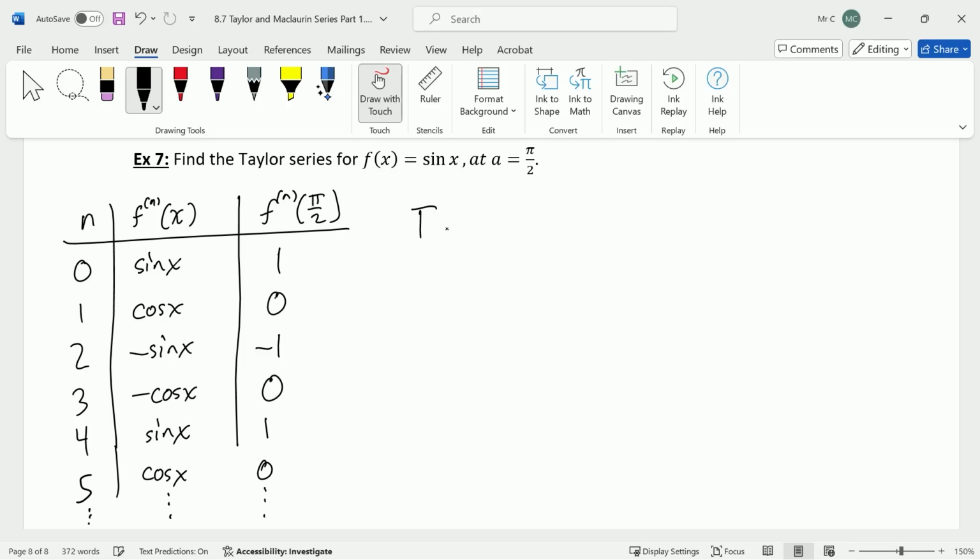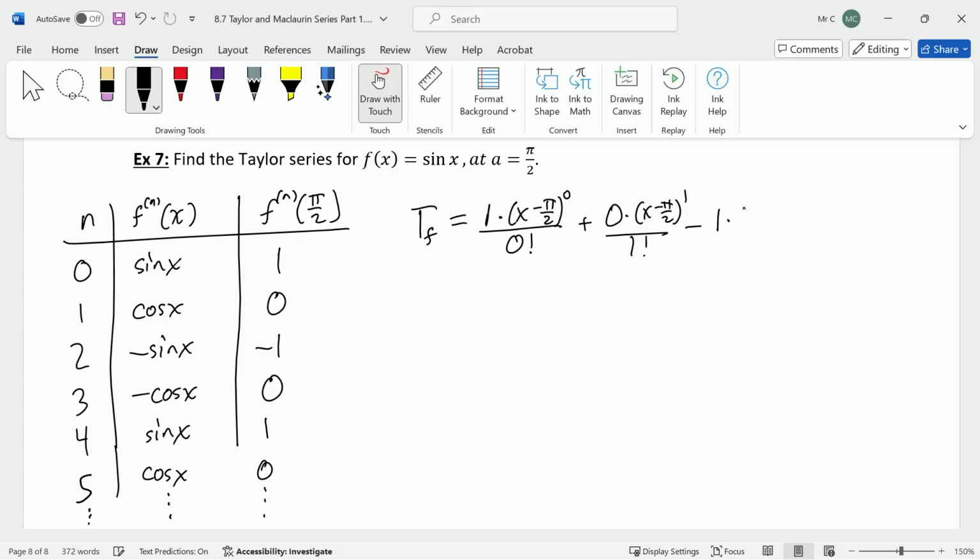So now this Taylor series is going to look like 1 times x minus pi over 2, right? It should be x minus a, x minus pi over 2 to the 0 power over 0 factorial. Plus 0 times x minus pi over 2 to the first power over 1 factorial.